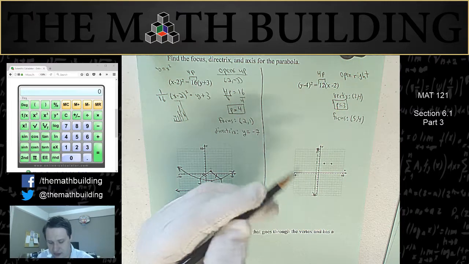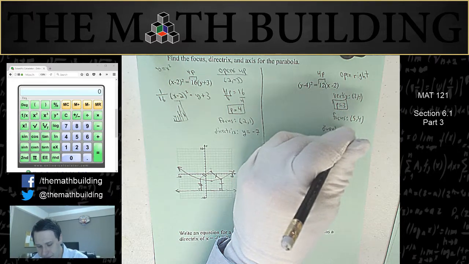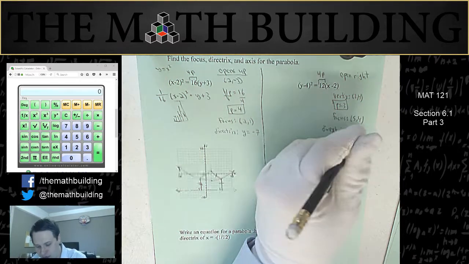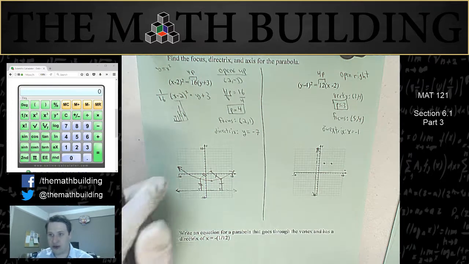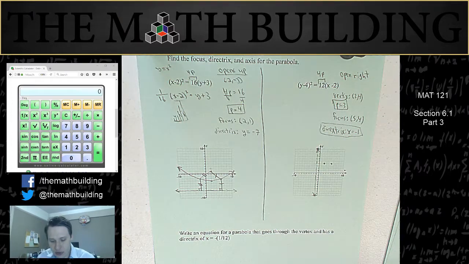There's our directrix. And that is going to be the equation. It's going to be x equals this time, and it's going to be x equals negative 1. So there's your directrix right there. The line x equals negative 1.